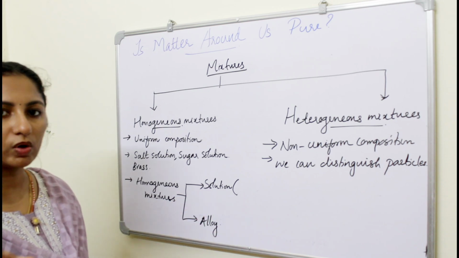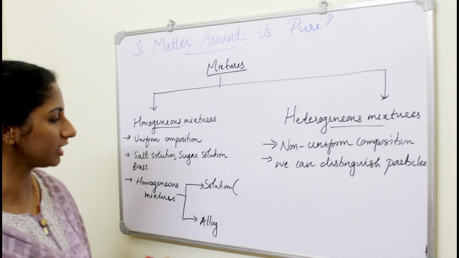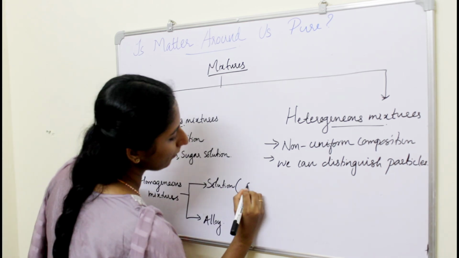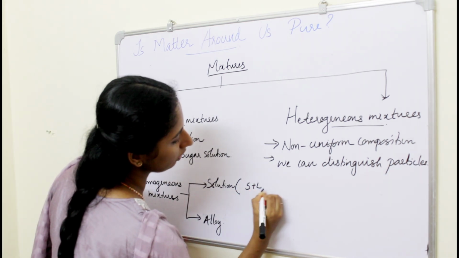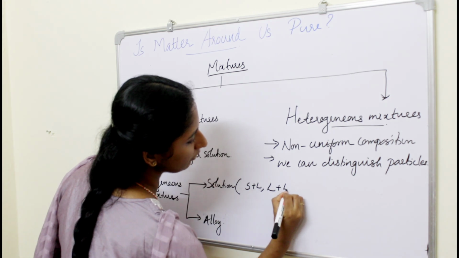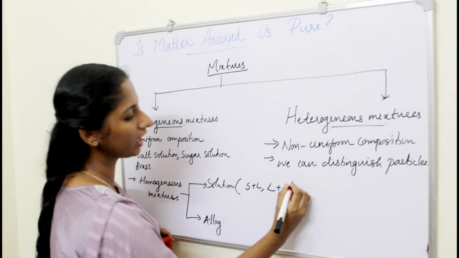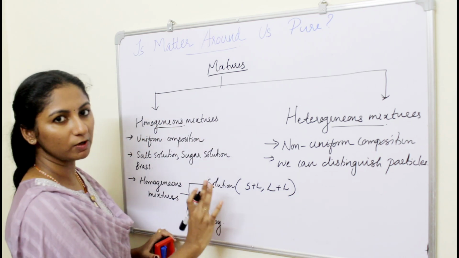By adding solute particles to the solvent particles, we get the solution. That means the combination of solids and liquids, or liquids and liquids, gives us a pure solution.